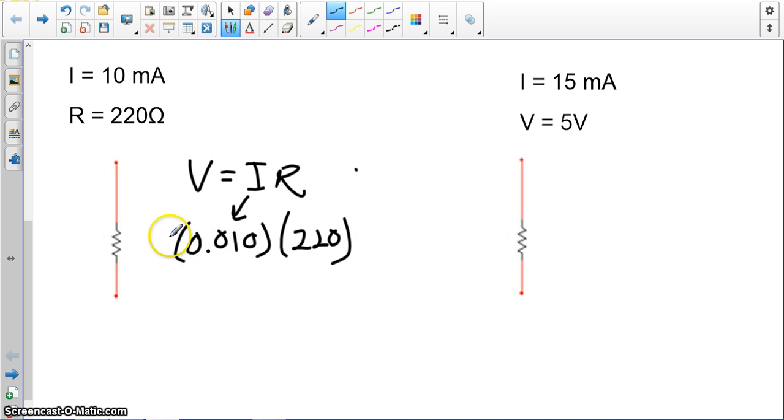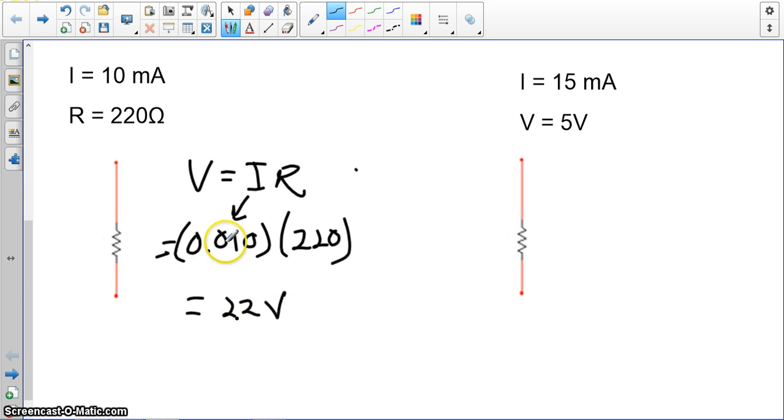So V equals IR, and you get 220 times 0.01, which is 2.2 volts.